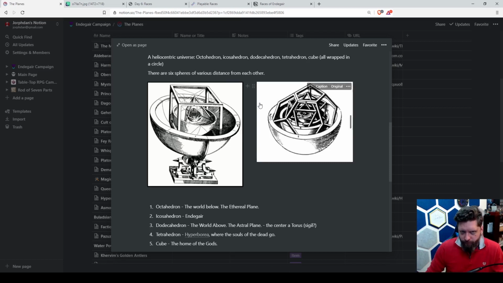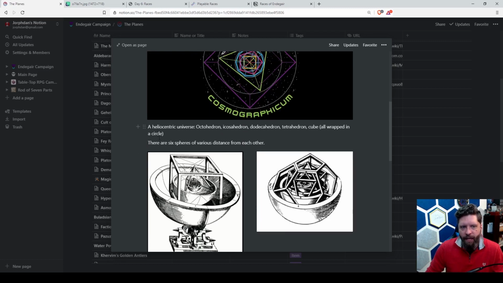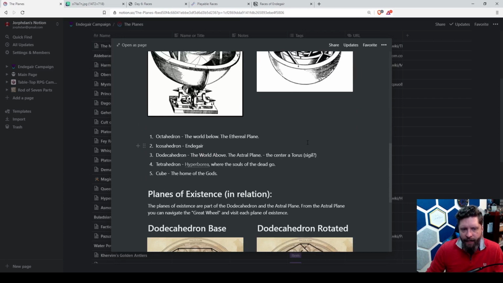And so there are 6 spheres of various distance from each other, and it's a heliocentric universe. So we start with an octahedron, and then an icosahedron, a dodecahedron, a tetrahedron, a cube, and those are all wrapped in a sphere.